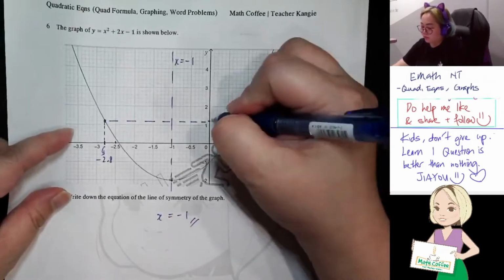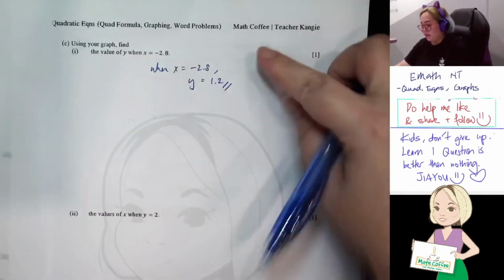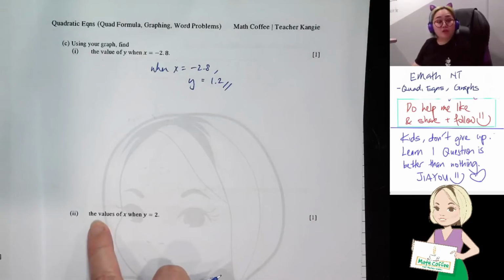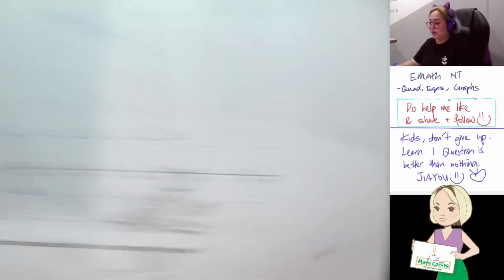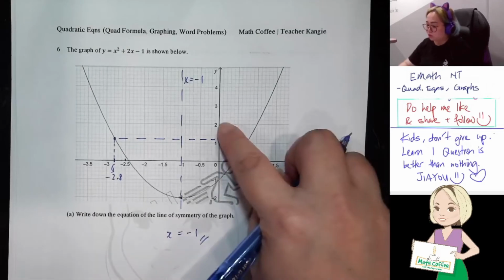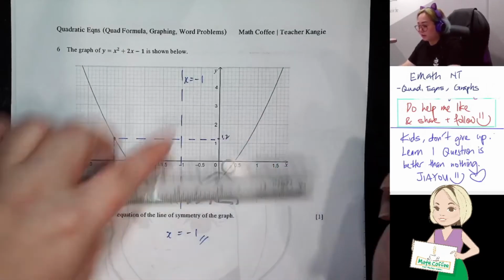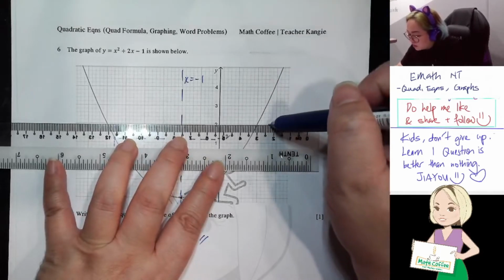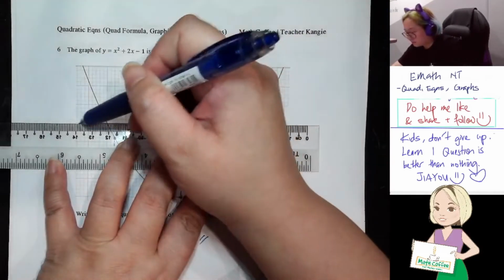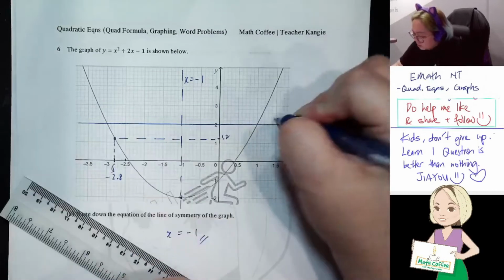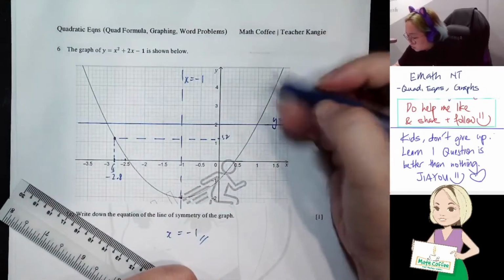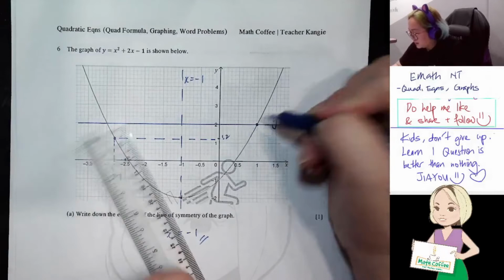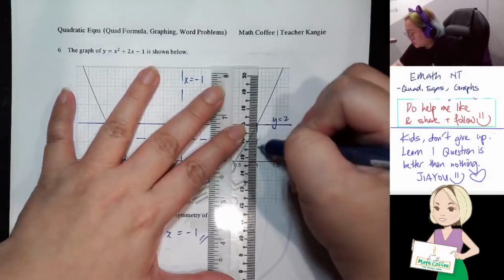Okay, so this is how you show, you can write here 1.2, no problem. Next, last one, they said find the values of x when y equals to 2. Okay, go to your graph, go to y equals to 2, draw a horizontal line. Okay, y equals to 2 is here, draw a horizontal line. You know that, okay, it cuts the curve at this point, draw the dotted line.